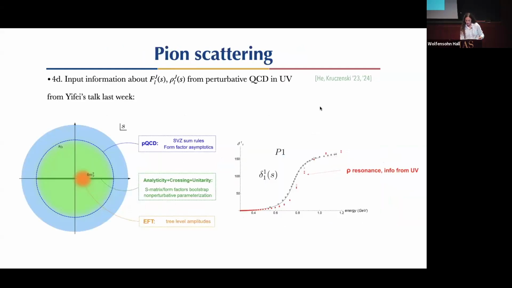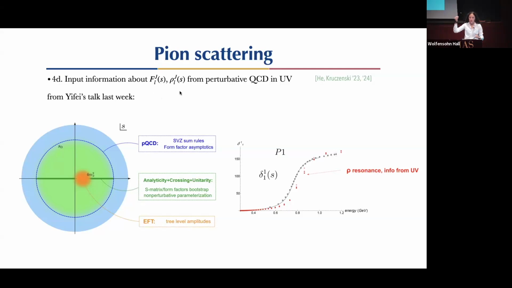And then a very cool thing you can do, I'm not sure if it's the first time it's used in higher dimensions, but it's in 4 dimensions, and you can use this form factor bootstrap in pion scattering. So you might have heard Ifei's talk last week. And what they do there is to put some information about these form factors and spectral density for different operators you have in QCD.